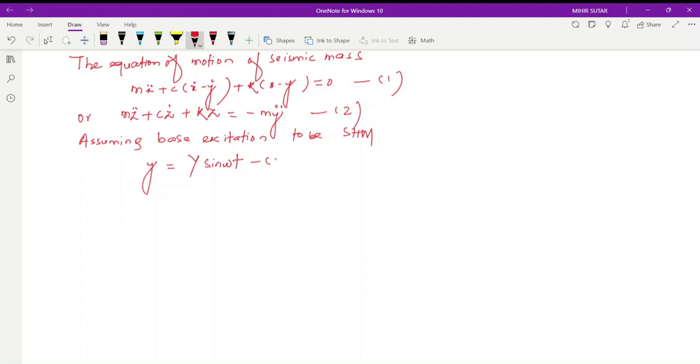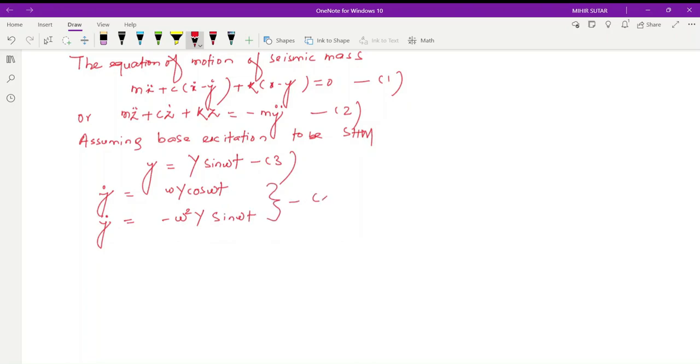Let's say this is equation 3. So we can write the velocity component dy by dt as omega Y cos omega t, and the acceleration y double dot will be minus omega square Y sine omega t.